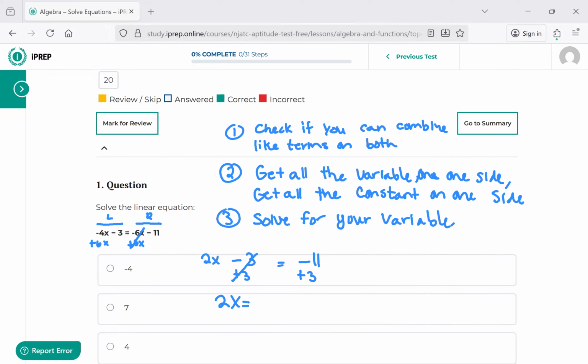Negative 8. And then you're going to solve for x by dividing both sides by 2. And you get x equals negative 4. Okay, so if you need to write these rules down, go ahead. But those are all the rules you really need.